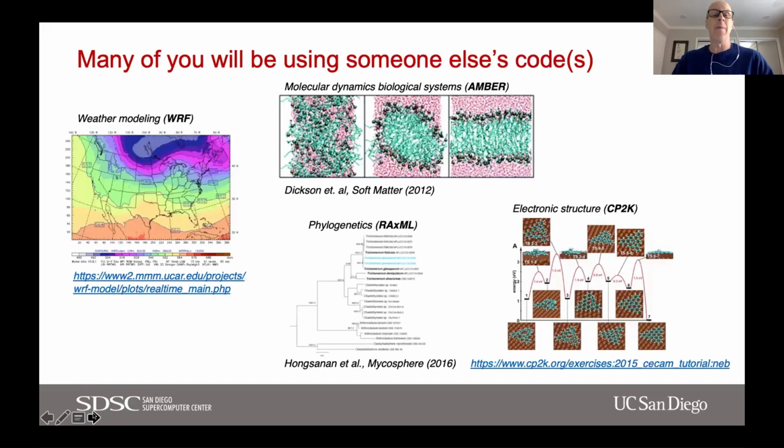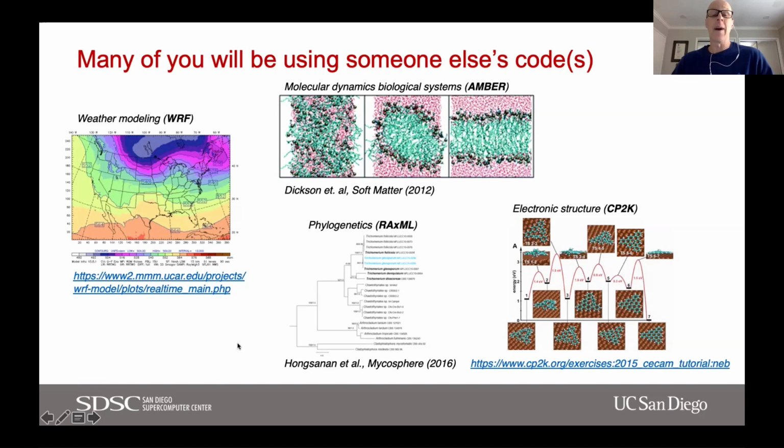So many of you, in fact most of our users, are now running somebody else's code. If you're doing, say, weather modeling, you might use WRF. If you're doing molecular dynamics simulations of biological systems, you may use Amber or GROMACS or NAMD or other packages that are out there.